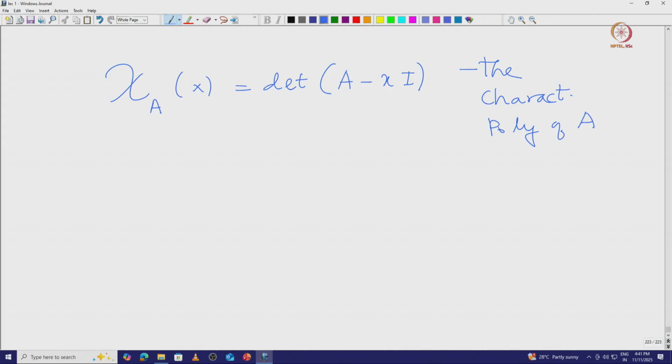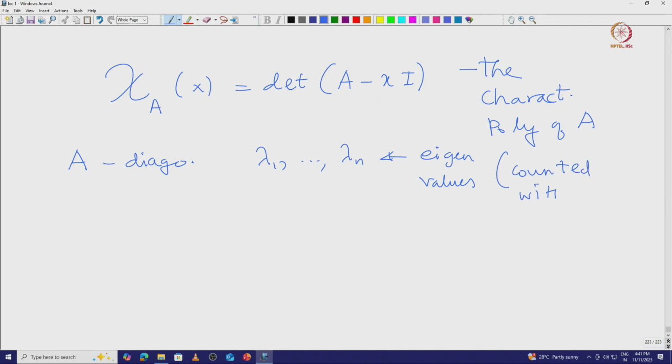We can take A to be a diagonalizable operator, because anyway we are going to look only at rho of g, which are all diagonalizable operators, with eigenvalues, let us say, lambda 1 etcetera lambda n. The dimension of the matrix is n, and these are the eigenvalues, of course, like I said, counted with multiplicity.